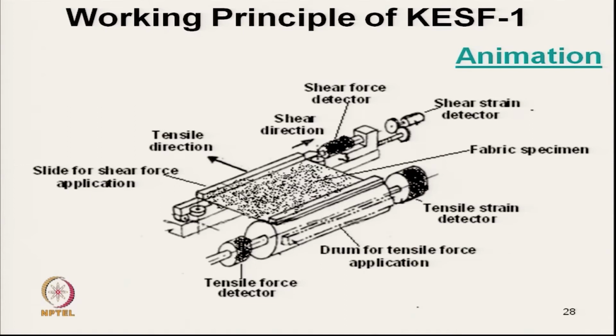The other jaw, which is connected with this slide, is for measurement of shear. That means when the instrument works on the tensile force principle, this slide, the other jaw, will be stationary, and only the drum will rotate.